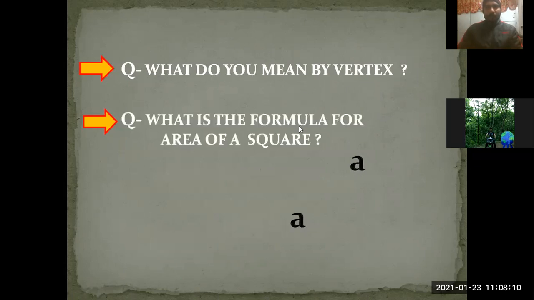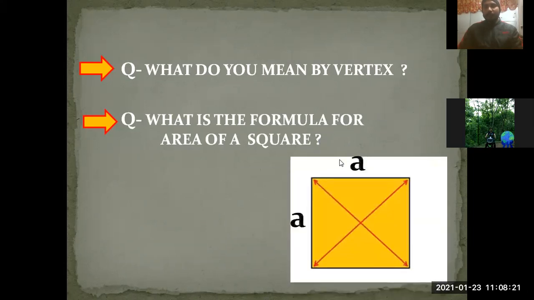So my next question is, what is the formula for the area of a square? Here is a square whose sides are A and A. So what is the formula for the area of a square?